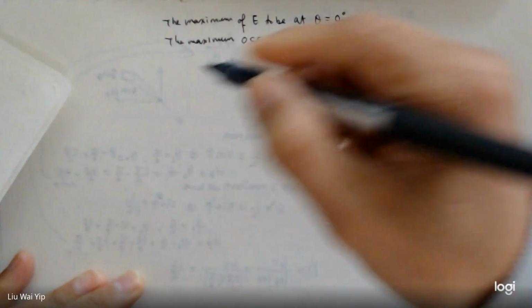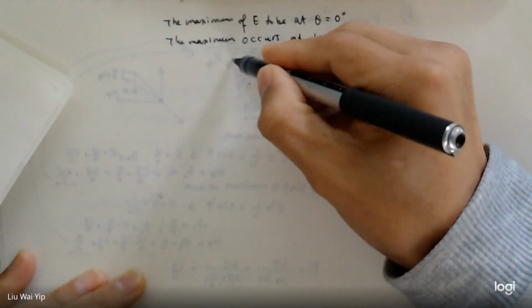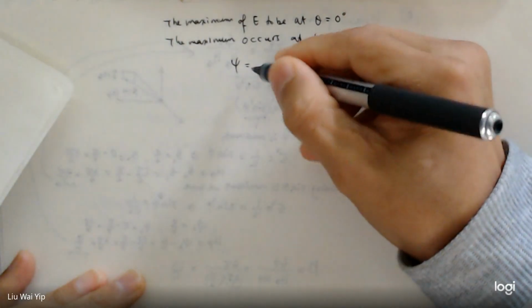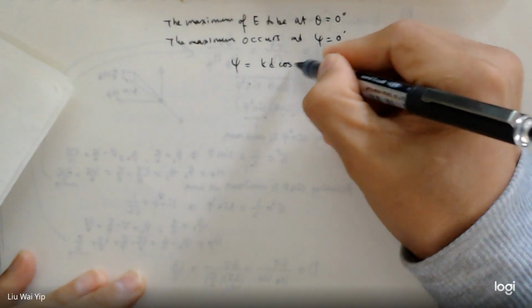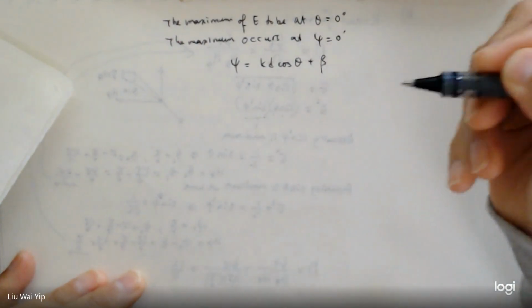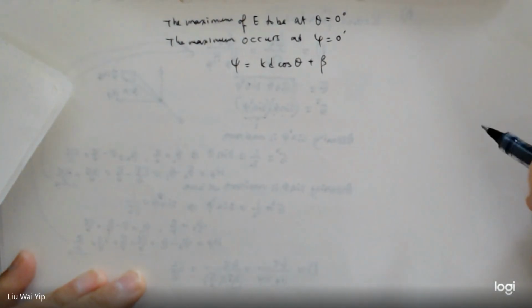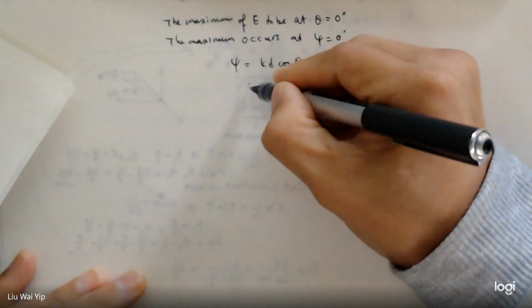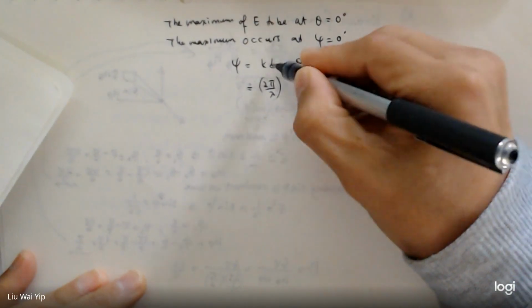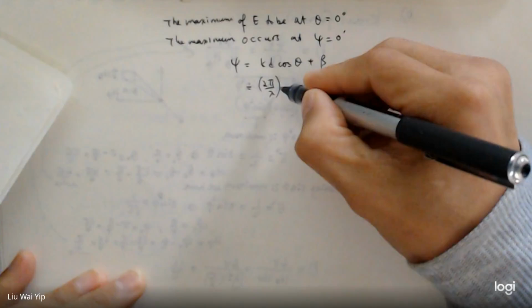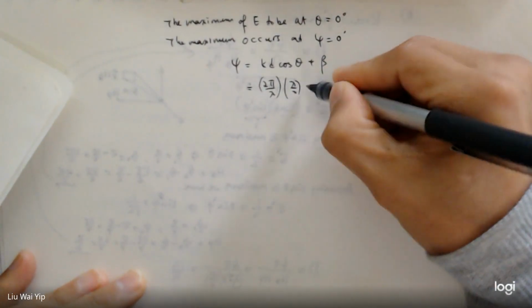So going back here, the total phase shift is going to be equal to k d cosine theta plus beta. You also know that k is 2 pi over lambda. D, according to the question, is lambda divided by 2.